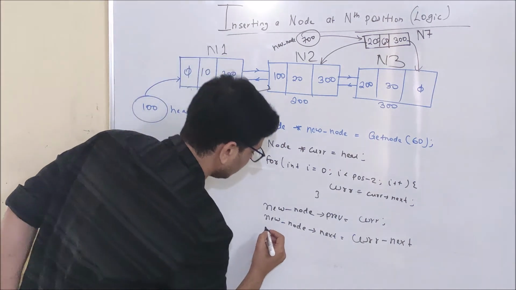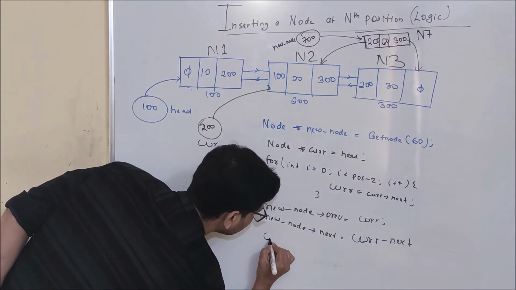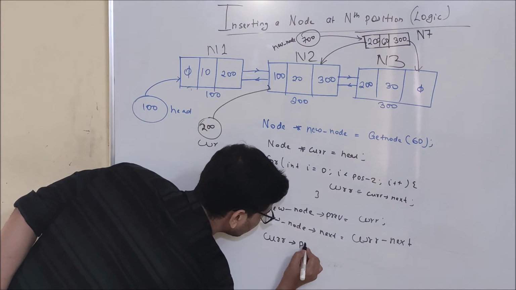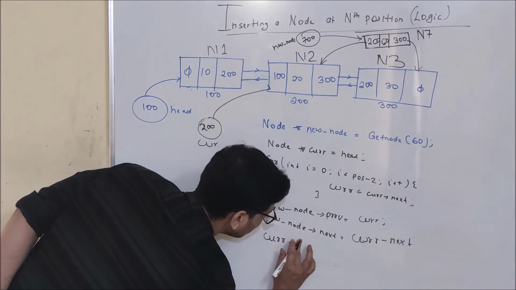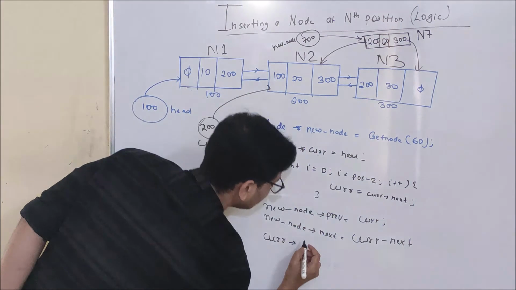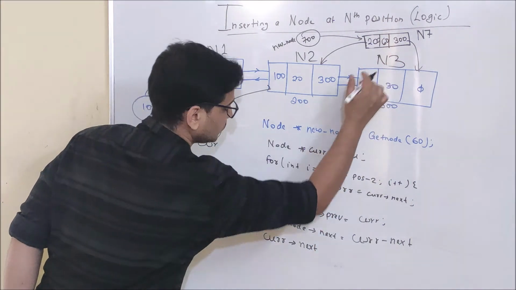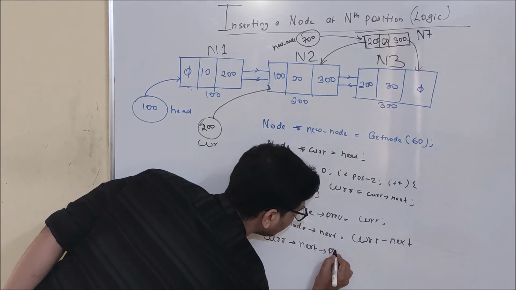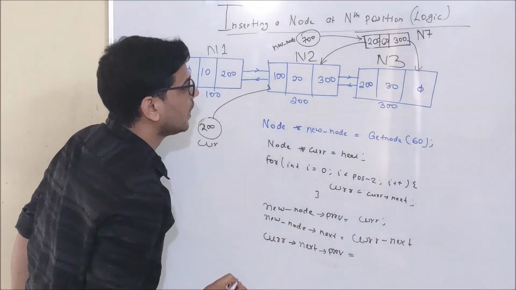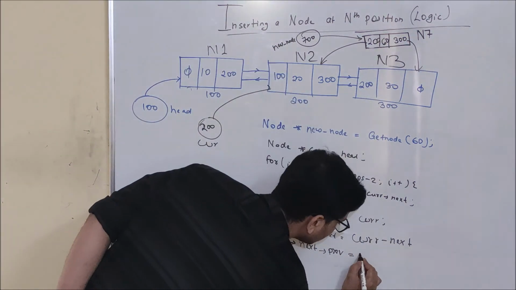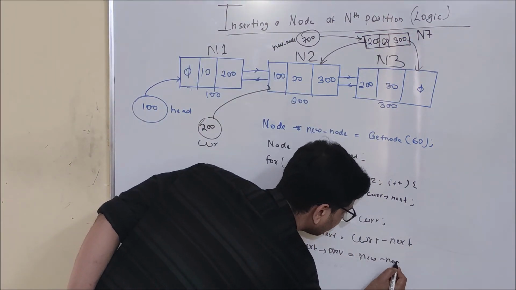So first of all, we will update current dot next dot previous. We will update node 3's previous part. Current dot next is node 3, and we will update its previous part. And what are we going to update in this previous part? Node 7, that is new node.